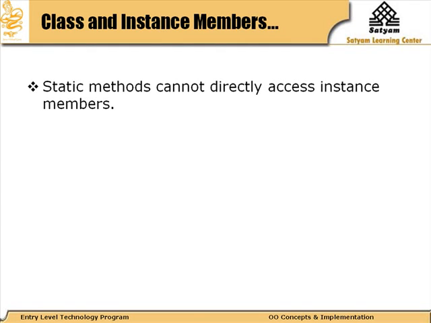Static methods cannot directly access instance members. The number of instances that get created for a given class is dependent on the runtime. That is, the number of objects created for a given class in a program. Further, the memory allocation is also dynamic.